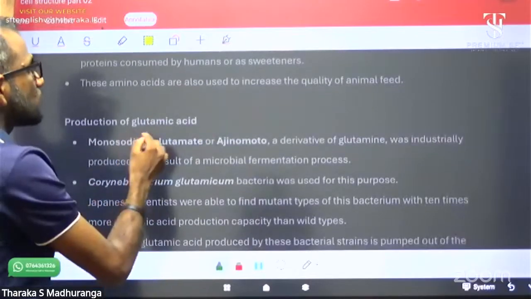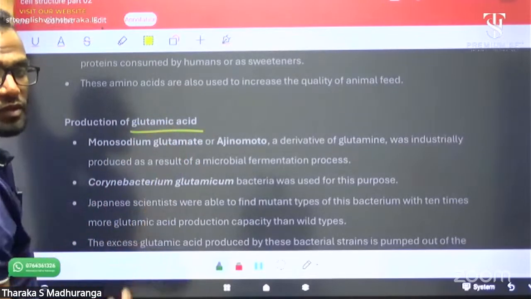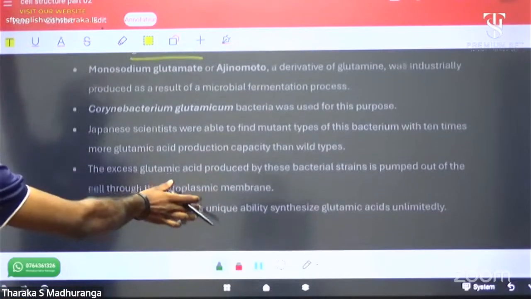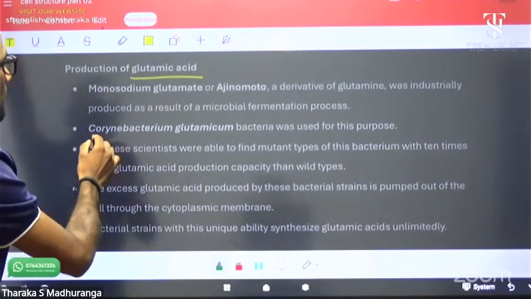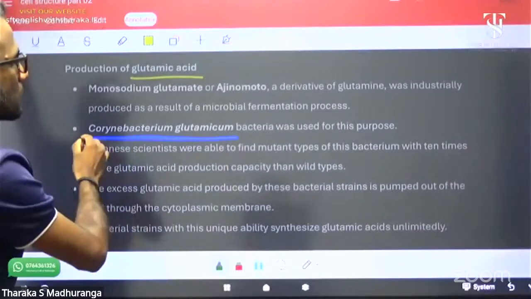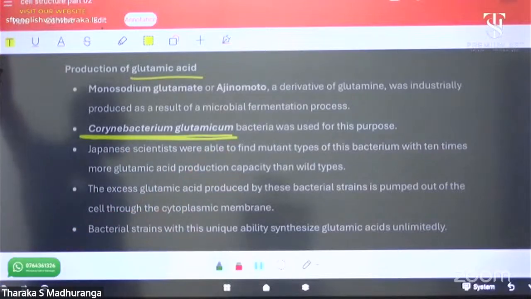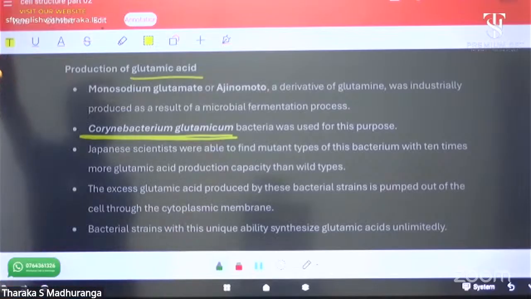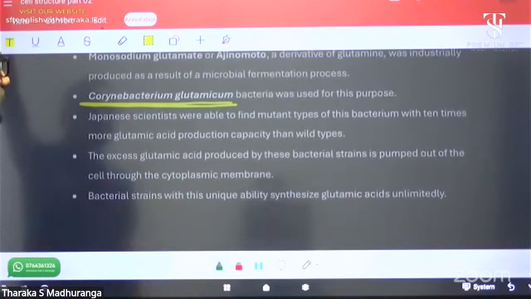That's the production of glutamic acid. Glutamic acid is also a type of amino acid. That one is also essential. It is produced by the bacterium Corynebacterium glutamicum. Yes, the name contains glutamic.